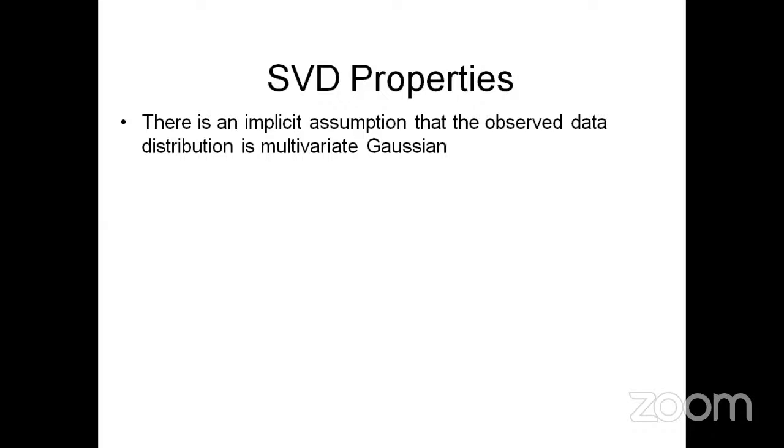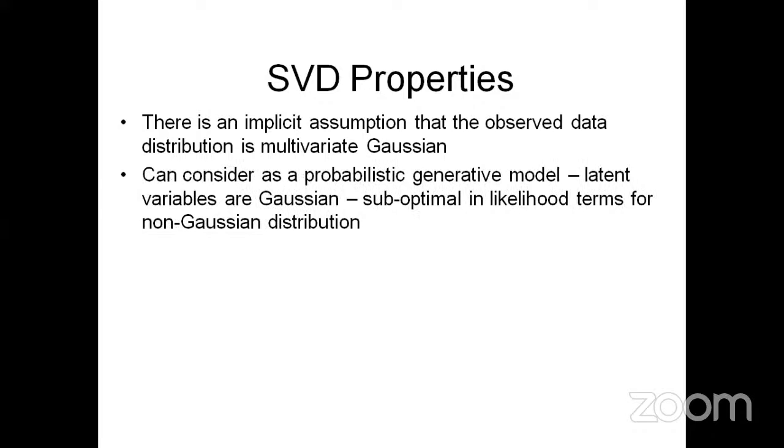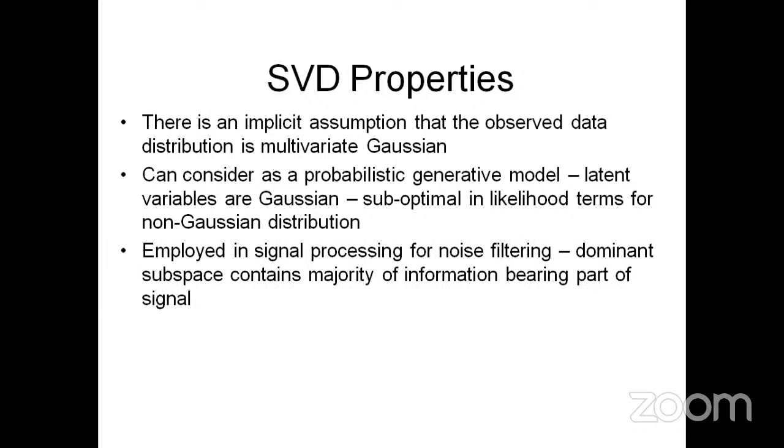SVD, last time we had seen about this SVD. There is an implicit assumption that the observed data distribution is a multivariate Gaussian. It can be considered as a probabilistic generative model. Latent variables are Gaussian, which is suboptimal in likelihood terms for non-Gaussian distributions. It is employed in signal processing for noise filtering. The dominant subset contains the majority of the information-bearing part of the signal.